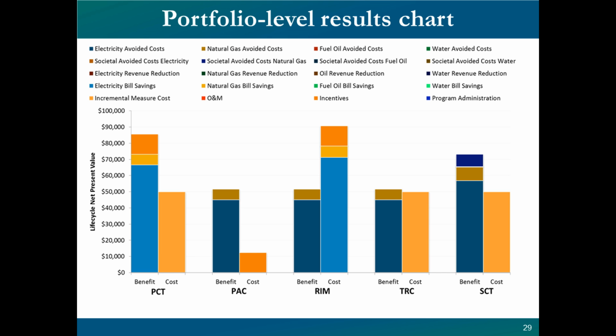Our benefits are just exceeding the costs. And with the addition of societal costs, the societal cost test is coming out as a higher ratio. And as is common for most efficiency programs, the ratepayer measure is negative, or below 1, but that is a fairly common result.